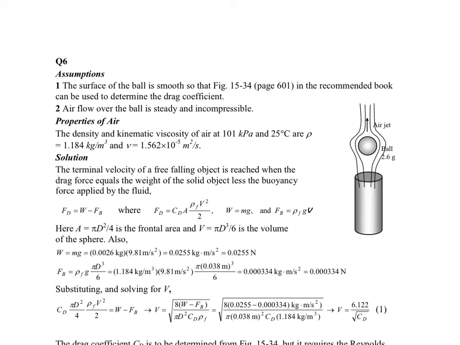Let's continue. The solution unfolds as follows. The terminal velocity of a free falling object is reached when the drag force is equal to the two forces: the weight acting down due to gravity and the buoyancy, which is acting in the opposite direction, upwards.